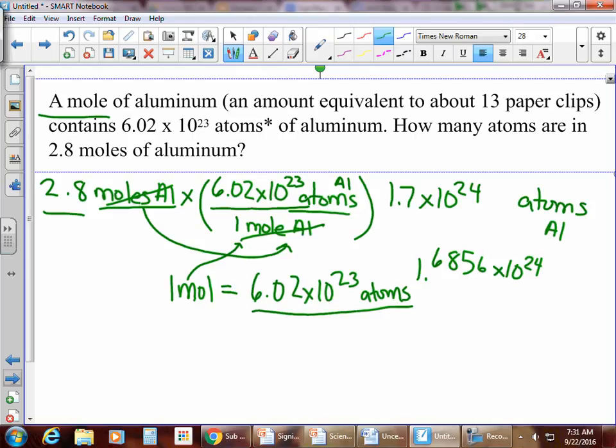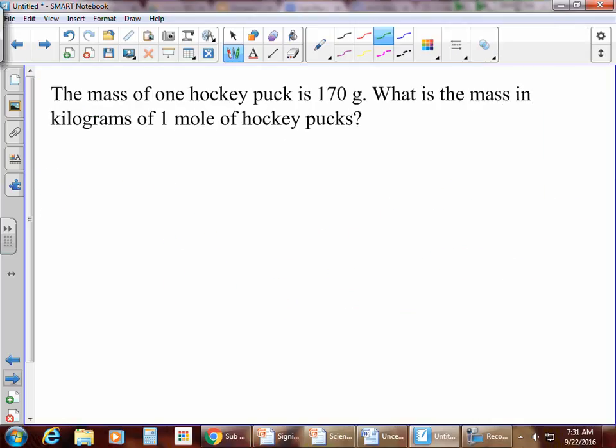The last one that we're going to have might take us a little bit more time, but let's try it out. In this problem, it says the mass of one hockey puck is 170 grams. What is the mass in kilograms of 1 mole of hockey pucks?